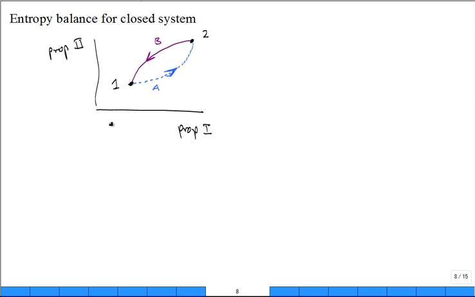I chose to draw one of them as dashed lines, and the other as a solid line. I know I changed the color. The color is not significant, but the dashed and the solid mean something. What does the dash mean? Irreversible. What does the solid indicate? Reversible. Internally reversible.